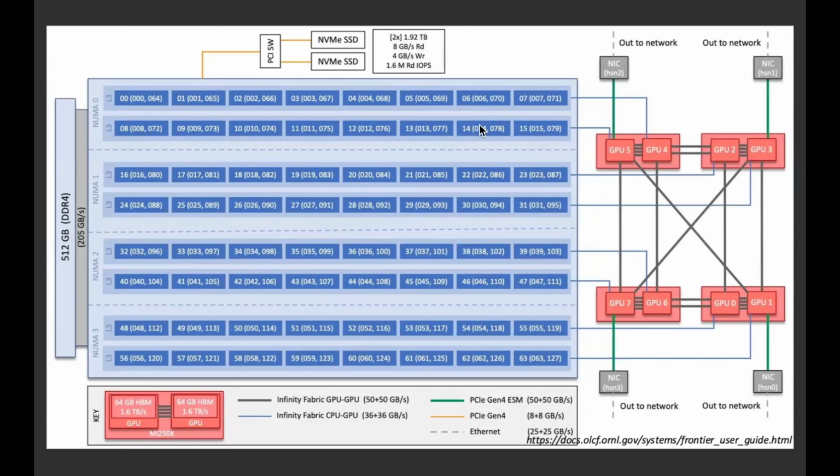If this CPU core is going to talk with GPU number 7, you wouldn't get that speed compared to if GPU 5, for instance, is talking to GPU 4, because between GPU 5 and GPU 4 the interconnect is about 400 gigabytes per second, while the communication between GPU 5 and GPU 7 is 100 gigabytes per second.